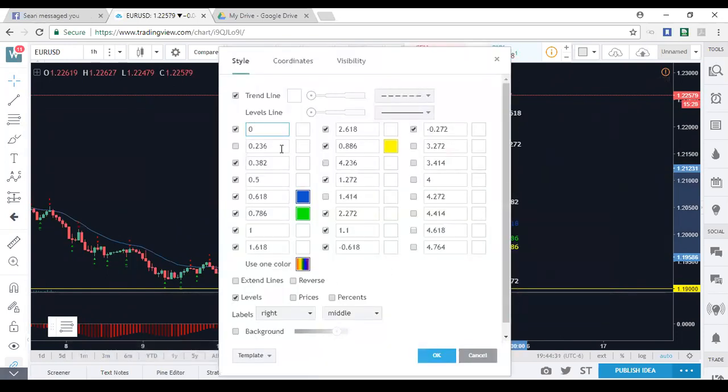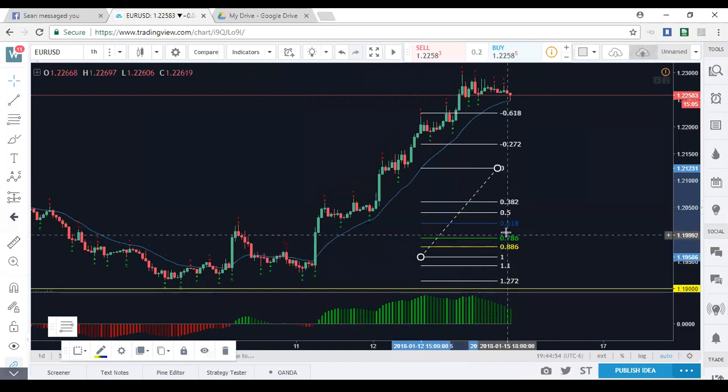All right. So on these boxes, now that you can see them, you can delete any of these and then just type in 0.886 right here, and then type in 0.786. When you type them in though, just make sure this checkbox has a check mark in it, so that way it shows up on your tool like this.